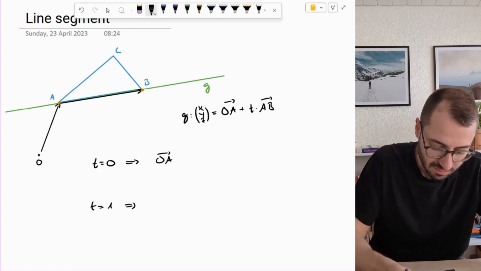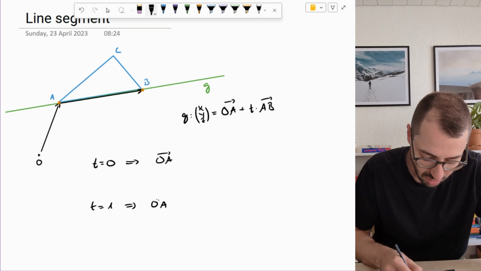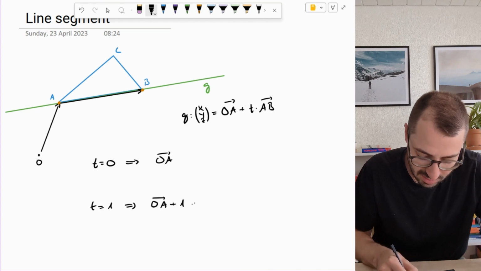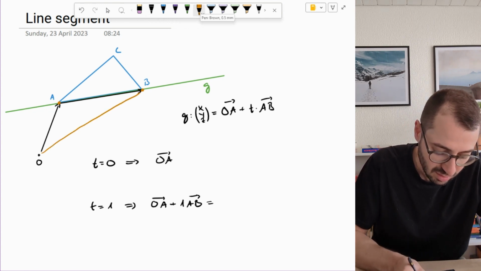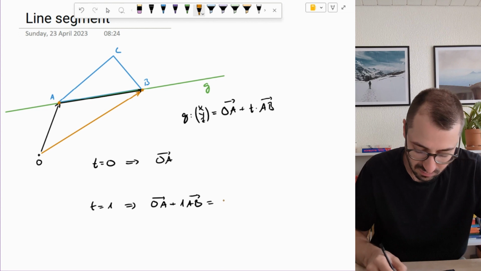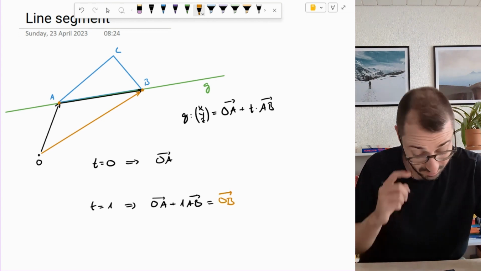You end up at OA plus 1 times AB, which is equal to the position vector OB.